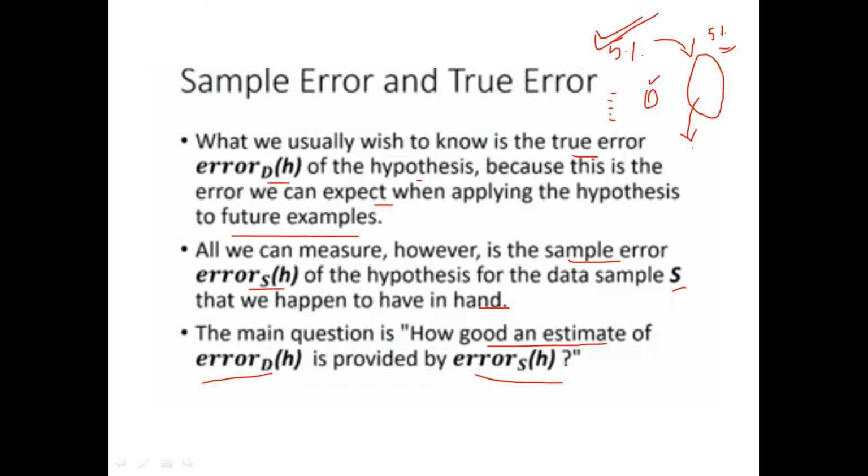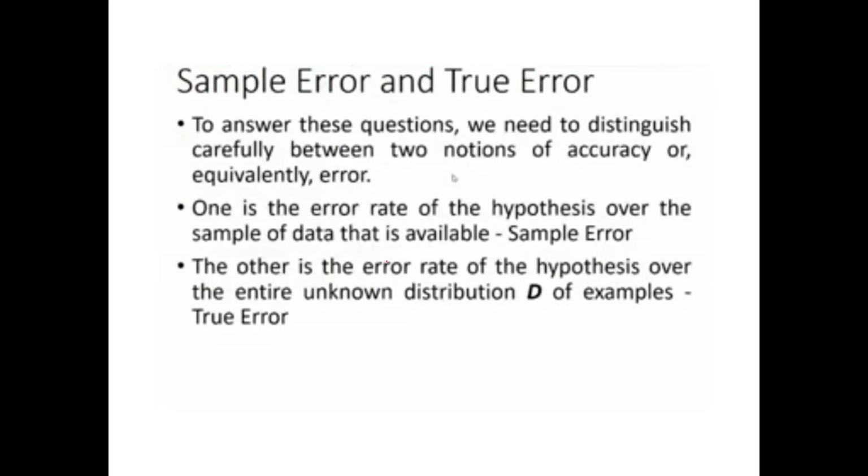That is our main question: how good an estimation of the true error in the entire population is provided by your sample error, right? To answer this question, we need to distinguish carefully between two notions of accuracy or equivalently error. One is the error rate of the hypothesis over the sample of data which is available.